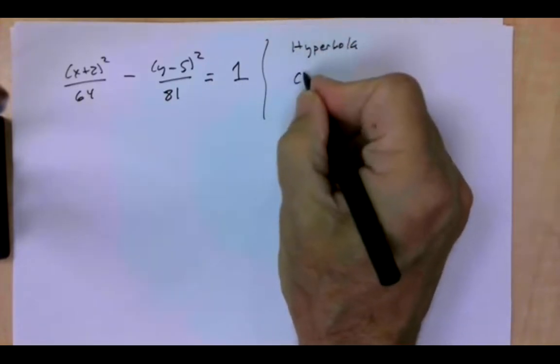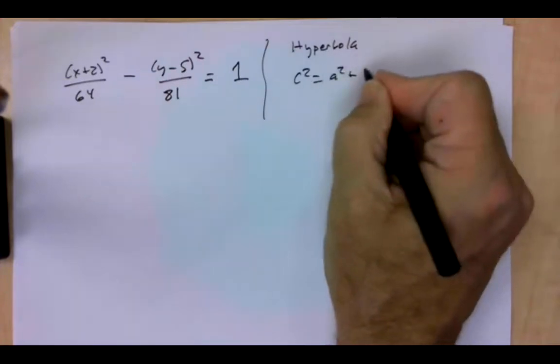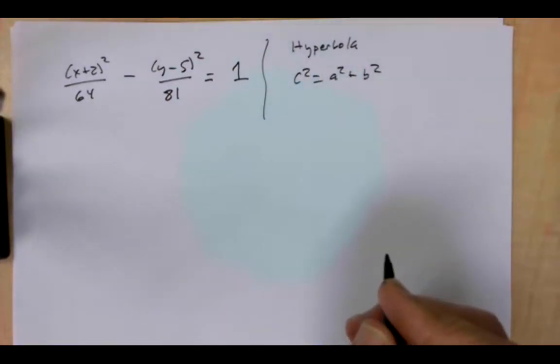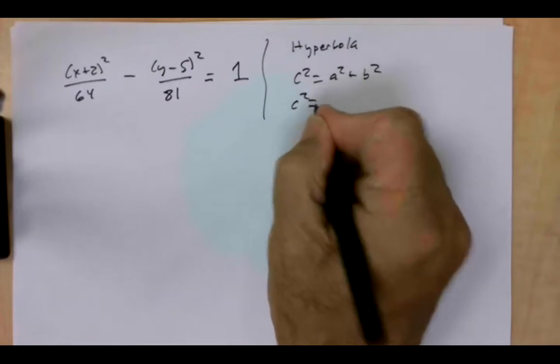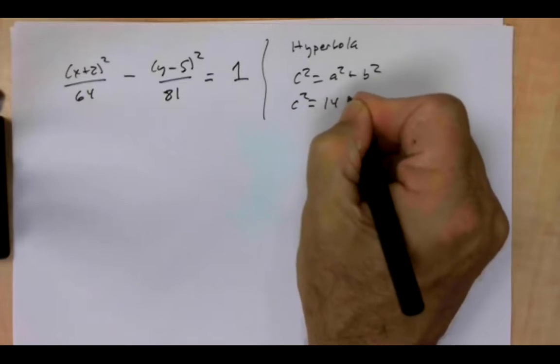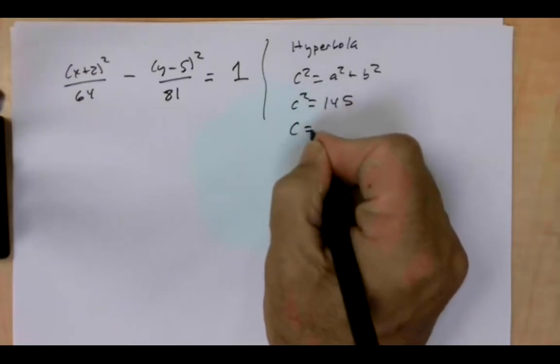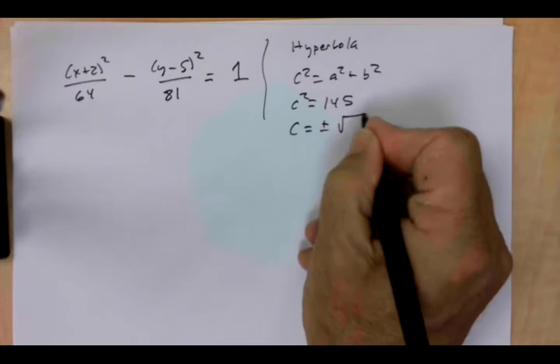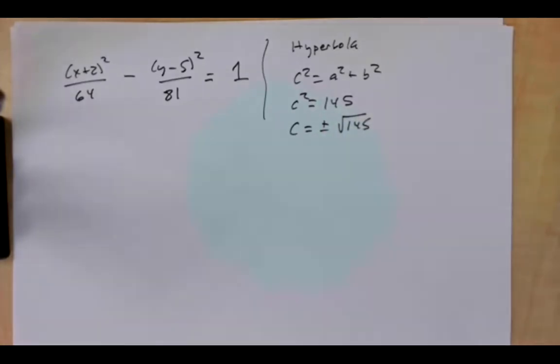For a hyperbola, the formula will be c squared is a squared plus b squared. So in our case here, c squared is 64 plus 81, which gives us 145, awfully close for c to equal 12, but not quite. So c is plus or minus √145, which doesn't really simplify.